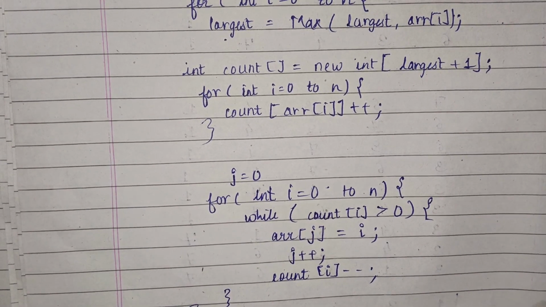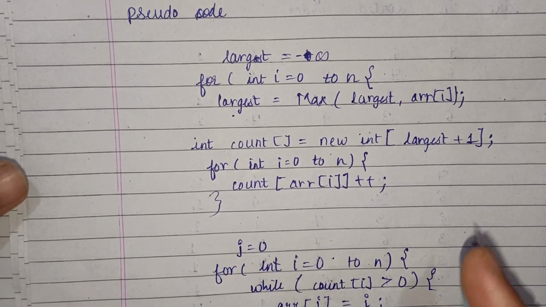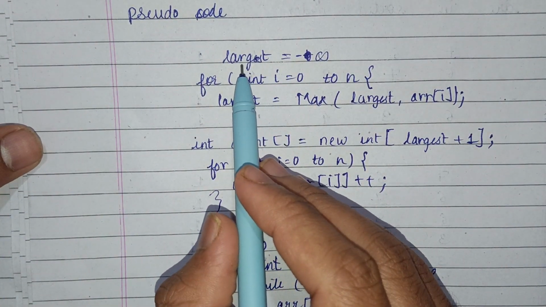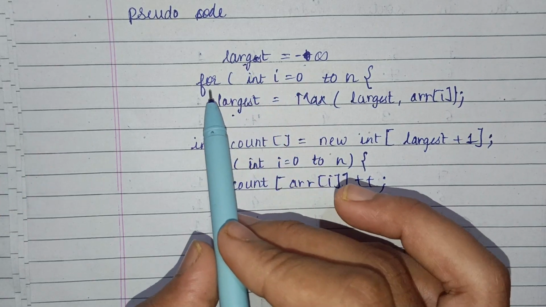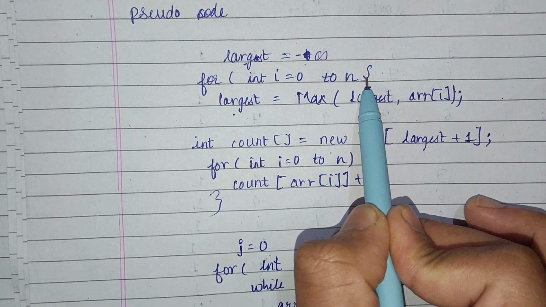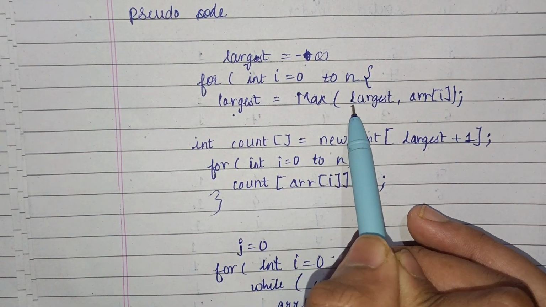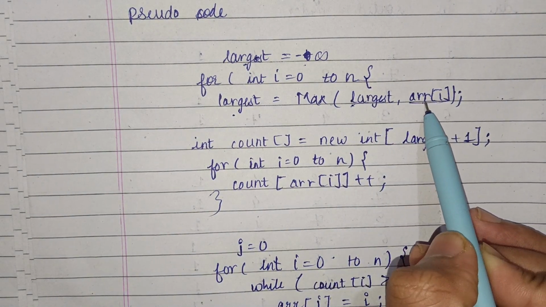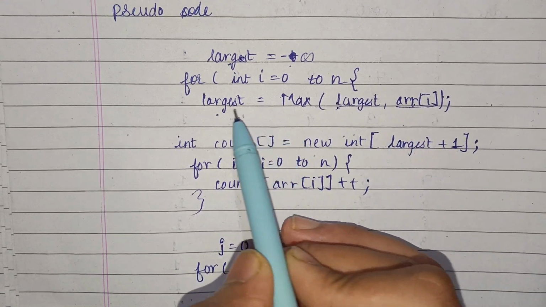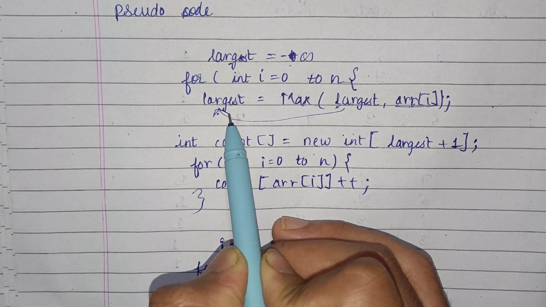Now this is the pseudocode for counting sort. First we have initialized our largest variable to minus infinity, then we have run a loop and done a comparison. Whichever of the variable and array of i is greater, it will be added into the largest variable.